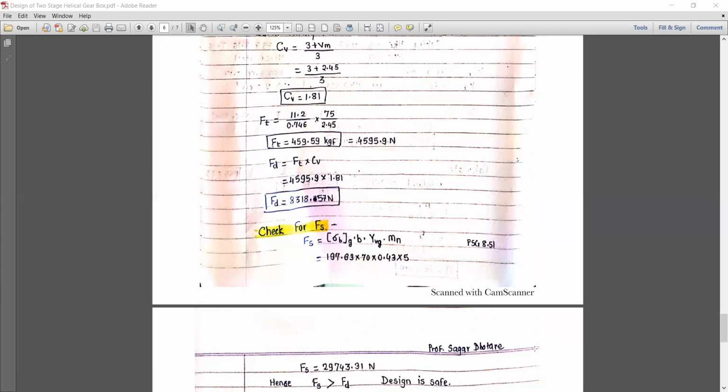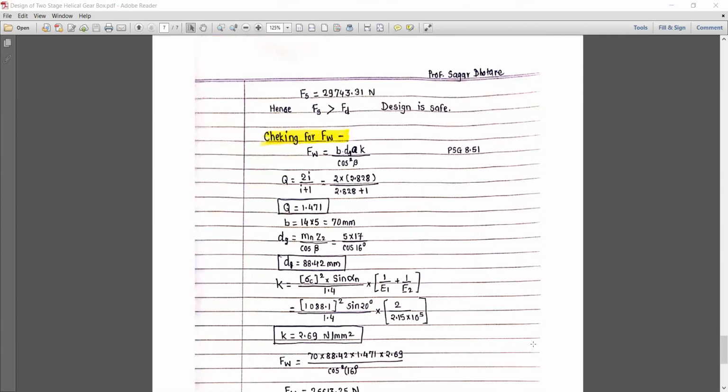So putting all the values, the Fs value is 29,743.31 Newton. So when we compare the dynamic load and static load, as the static load is greater than the dynamic load, our first criteria is fulfilled, and hence for the first condition our design is safe.